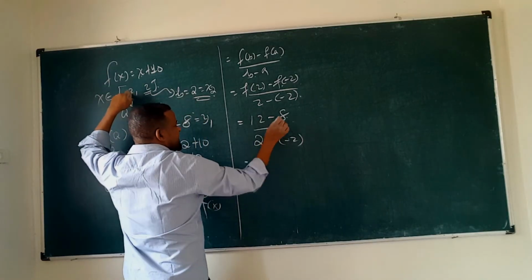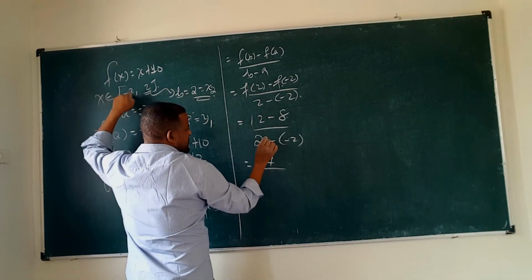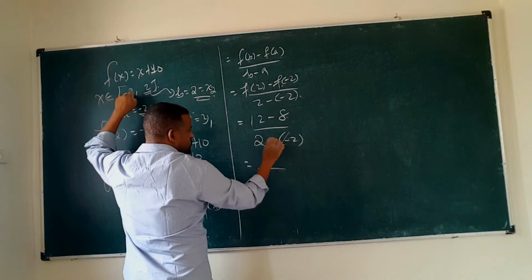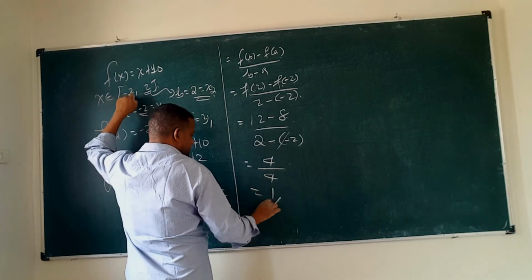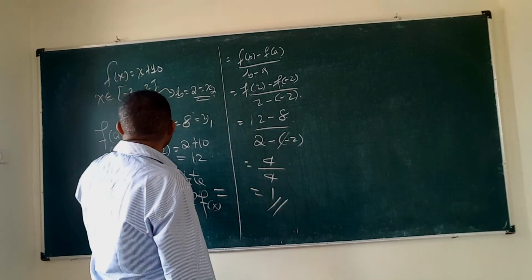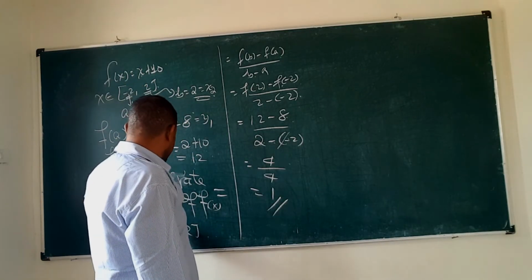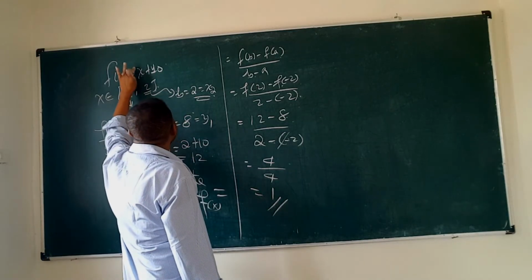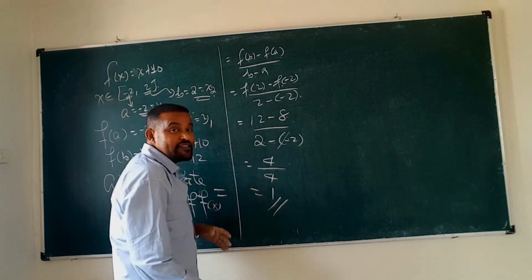So 12 minus 8 is 4, and 2 minus negative 2 is 2 plus 2, which is 4. So the average rate of change of this function on the interval from negative 2 up to 2 is 1. That is the slope of this line.